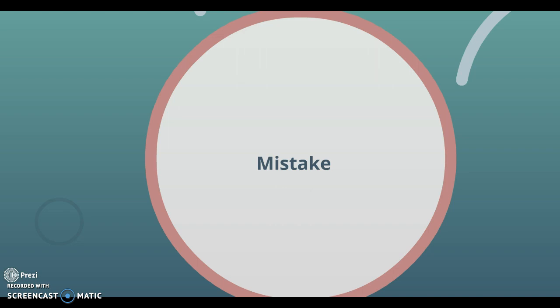Most common example of that is failure to read the contract thoroughly or completely. Then you have a mutual mistake, which is a mistake made by both parties, and again, usually an incorrect belief about an important fact within the contract. And in contract law, important facts are called material facts.